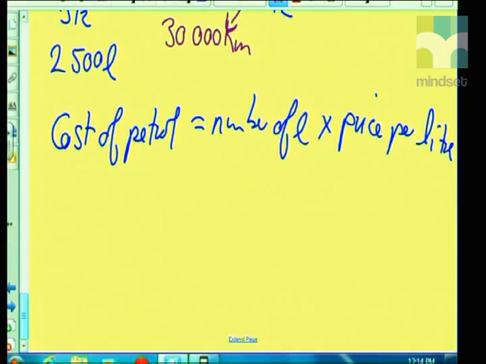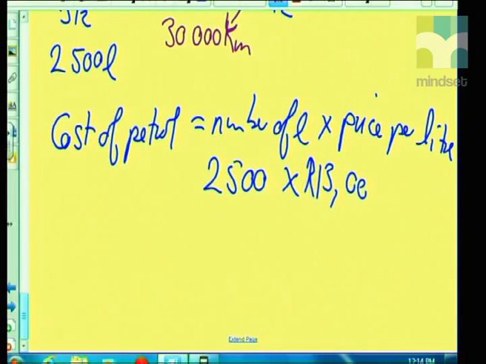And so we get 2,500 multiplied by 13 rand per litre. And this is litres, and that's rand per litre.